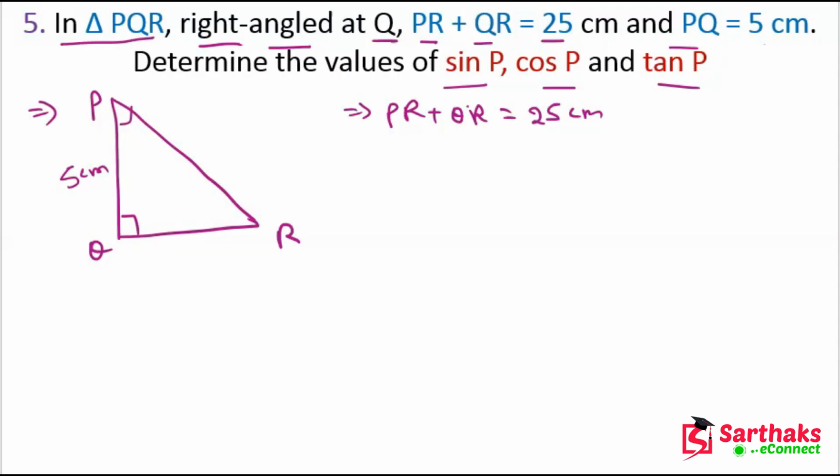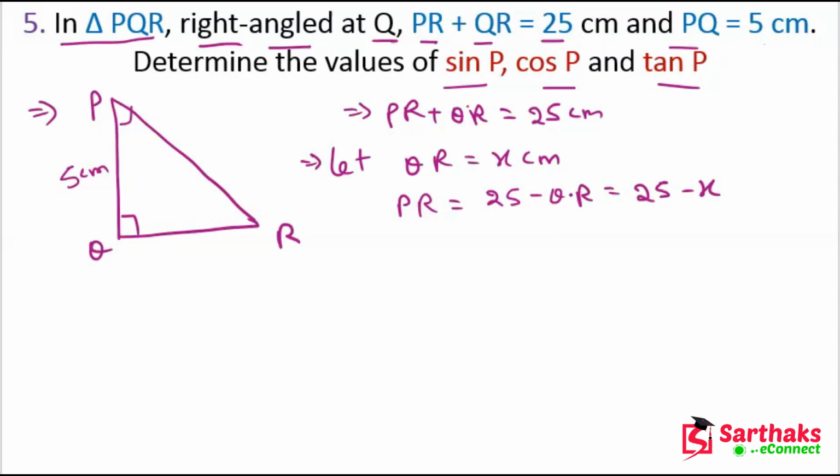So let us assume that QR is equal to x centimeter. We are taking QR as x centimeter. So PR is equal to 25 minus QR, which is equal to 25 minus x. According to Pythagoras theorem, PR square is PQ square plus QR square.